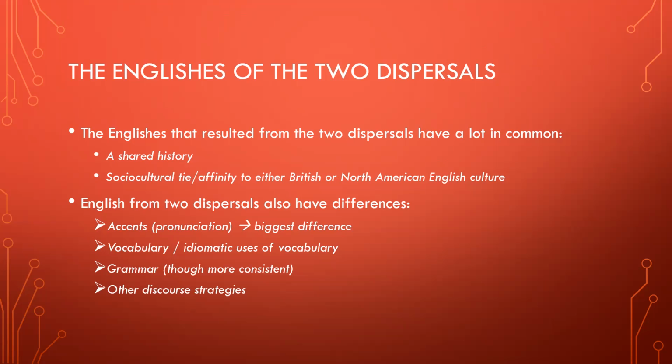Second, we can talk about vocabulary, vocabulario. And here's where we can think about some of the examples that we see on internet memes or YouTube videos or TikTok videos dedicated to talking about the differences, for instance, between North American and British English.